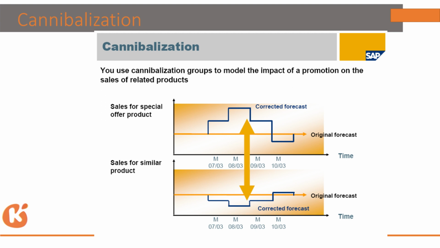So this is a normal sales. Because of the promotion, the sales is going to be up. And this is a normal sales. Because of the promotion on the other product, this sales is going down. This is nothing but cannibalization. We can capture this cannibalization in APO demand planning, so that next time if you are giving a promotion, you have these reference numbers.